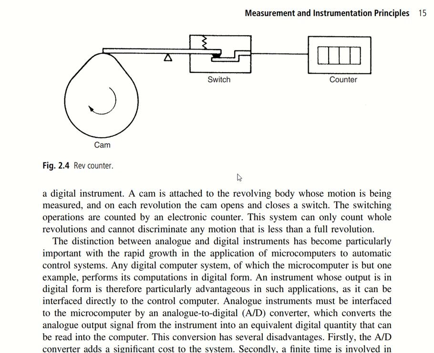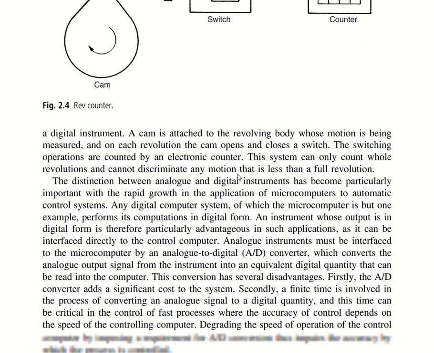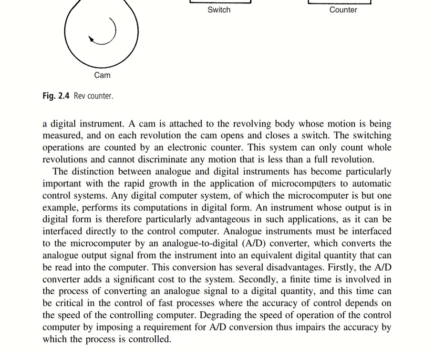So the distinction between analog and digital instruments has become particularly important with the rapid growth in the application of microcomputers to automatically control systems. Any digital computer system, of which the microcomputer is but one example, performs its computation in digital form.